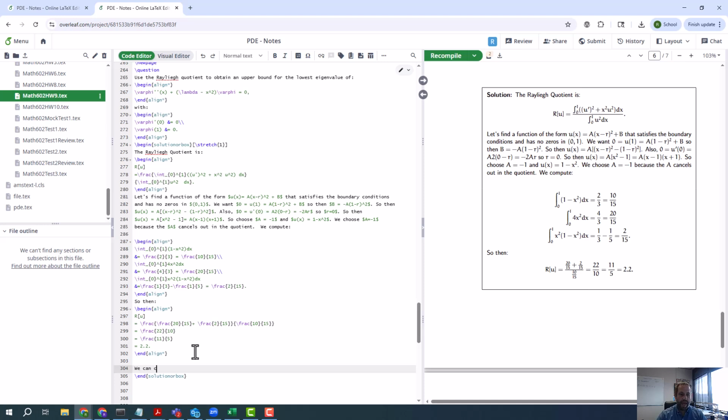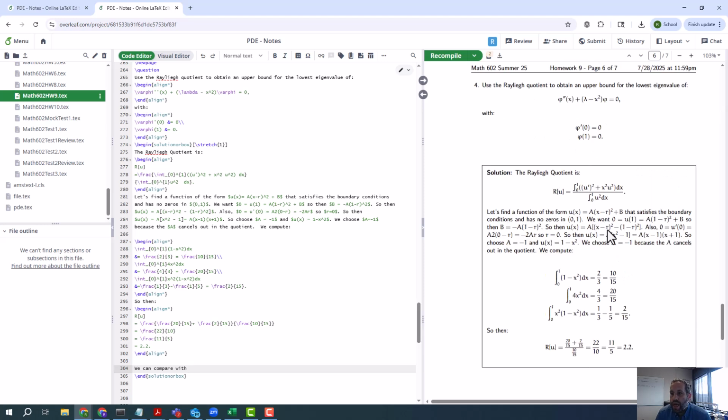We can compare. So one thing that you can do along the lines of this, when I talked about the asymptotics with the free case, if you choose an eigenfunction, the question is you have to pick which function to put in here. Well, one idea is to get rid of the potential, make that q, and just look at the free case.